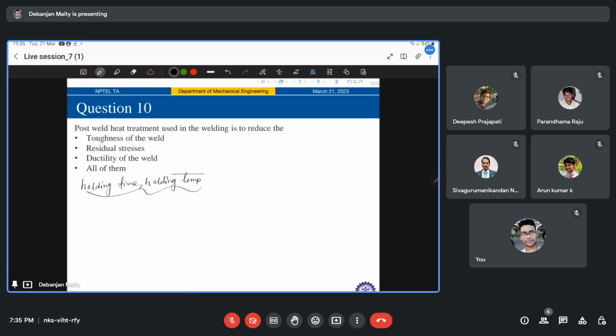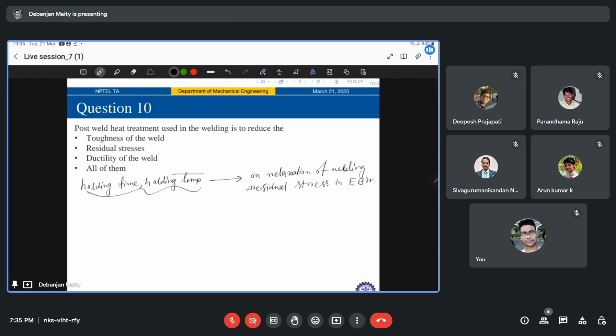These are the two parameters, and the effect of these two parameters on relaxation of welding residual stress in EBW.